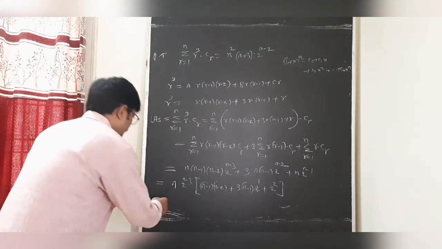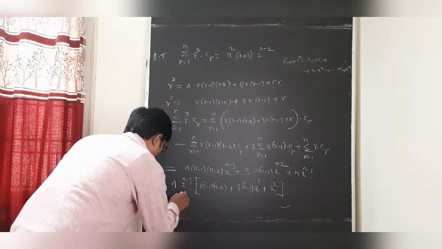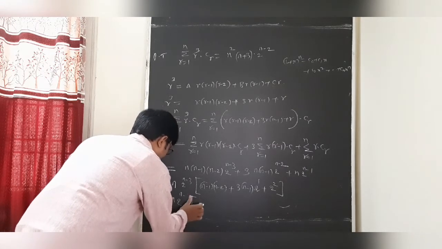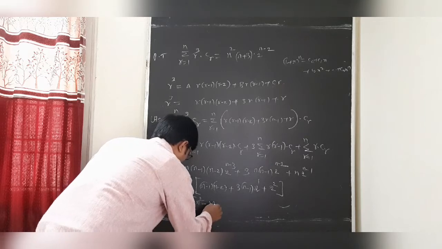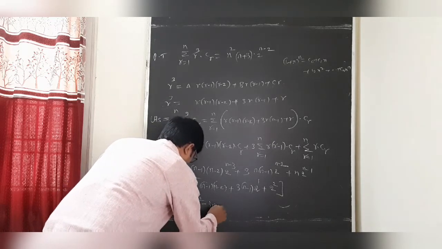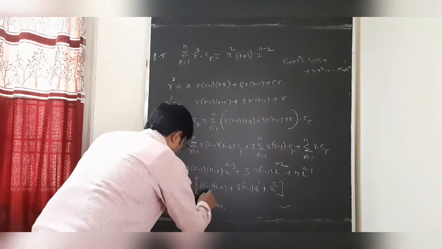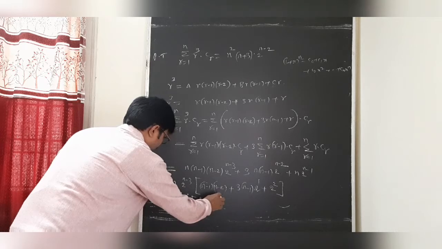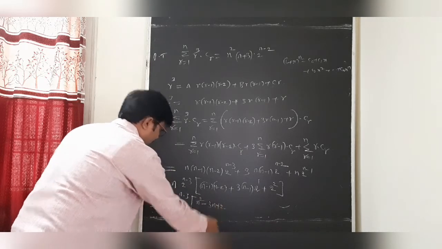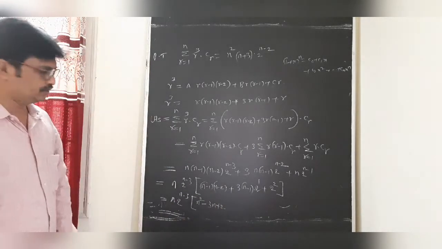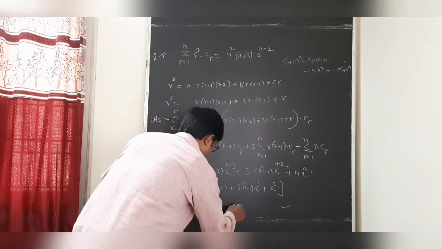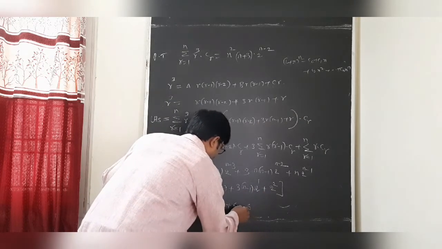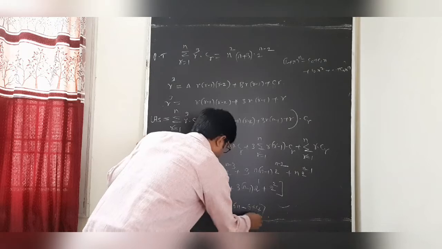Now simplifications. Dear students, n into 2 power n minus 3, 2 power n minus 3, n square minus 3n plus 2. So n is n and minus 1 multiple will be here. This is n square minus 3n plus 2. After that, students, this is 3 into 2 is 6n minus 6 plus 4.